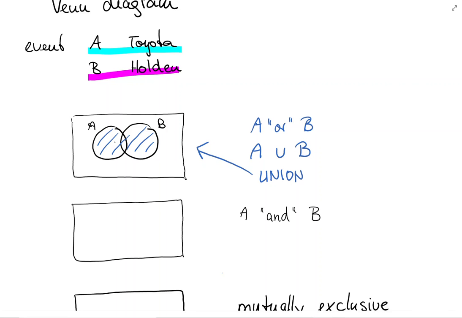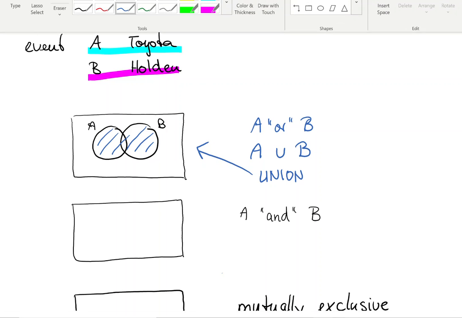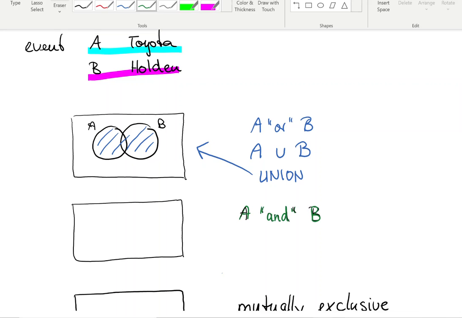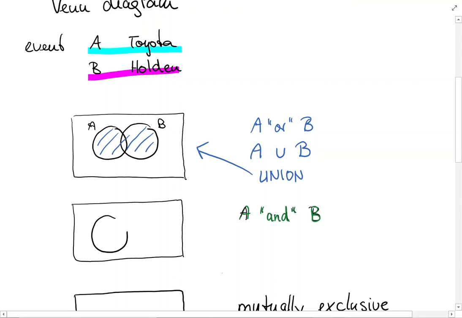Now, the next case is I want to investigate how many people exactly have both. So, A and B. So when I draw my circles now, I want to know those people that have both.